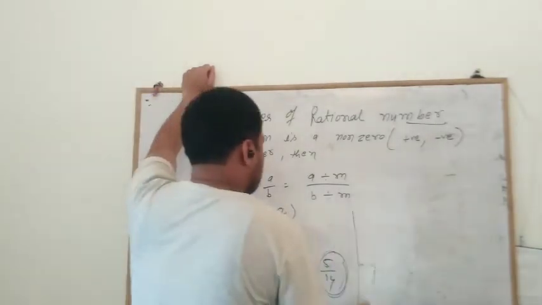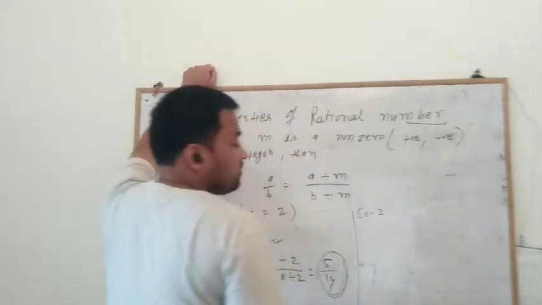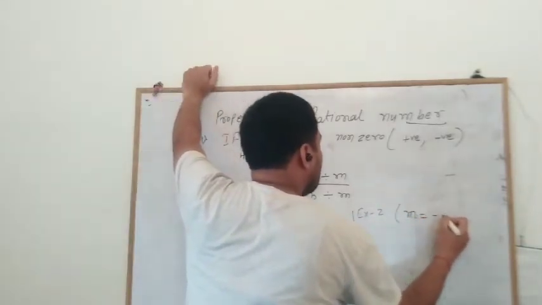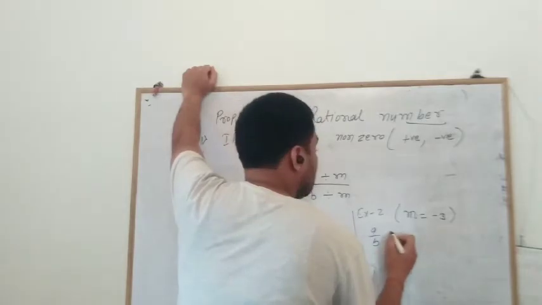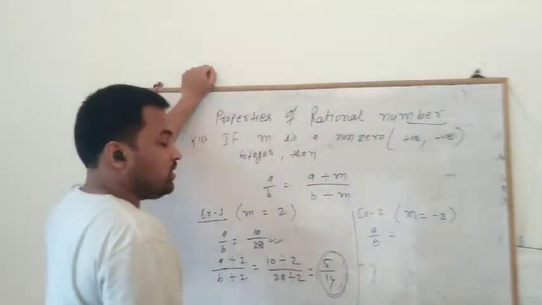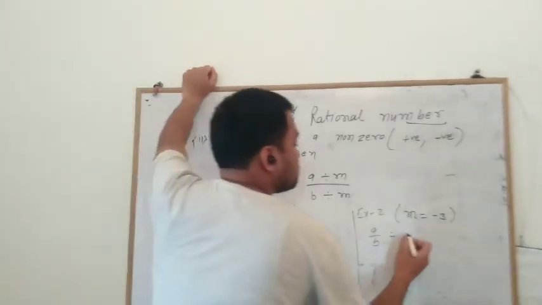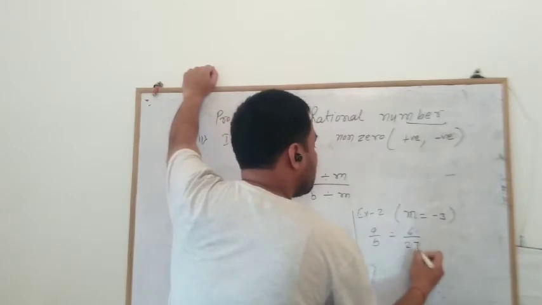Okay. So example 2, we consider m is a negative integer, so m is equal to minus 3. Now we take a by b is equal to consider 6 by 27.